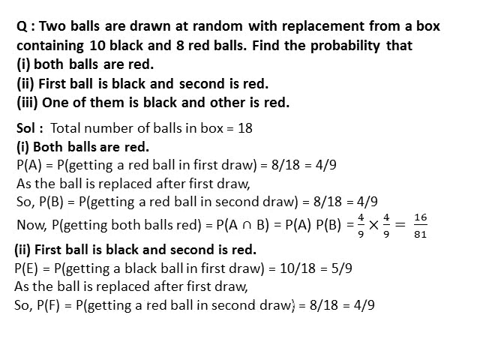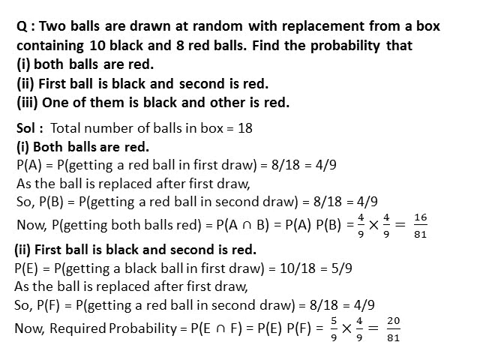So P(F) equals 8/18 equals 4/9. Now required probability equals P(E intersection F) equals P(E) multiplied by P(F) equals 5/9 multiplied by 4/9 equals 20/81.